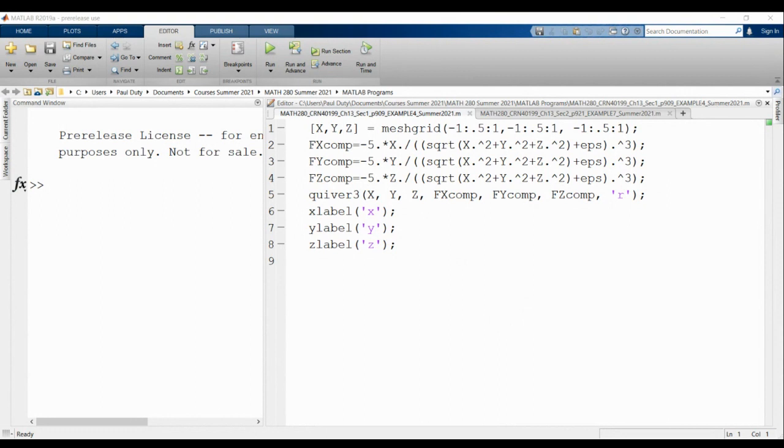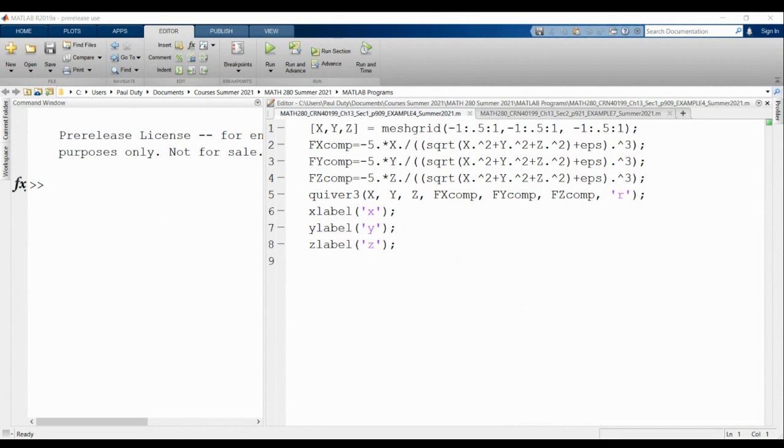I create a mesh grid of points where at every point I'm going to draw a vector. I have to have dots in front of my operators, like divide and multiply, because multiplication in MATLAB doesn't know if you're multiplying two matrices or doing regular function type math, and function type math is point-wise math.